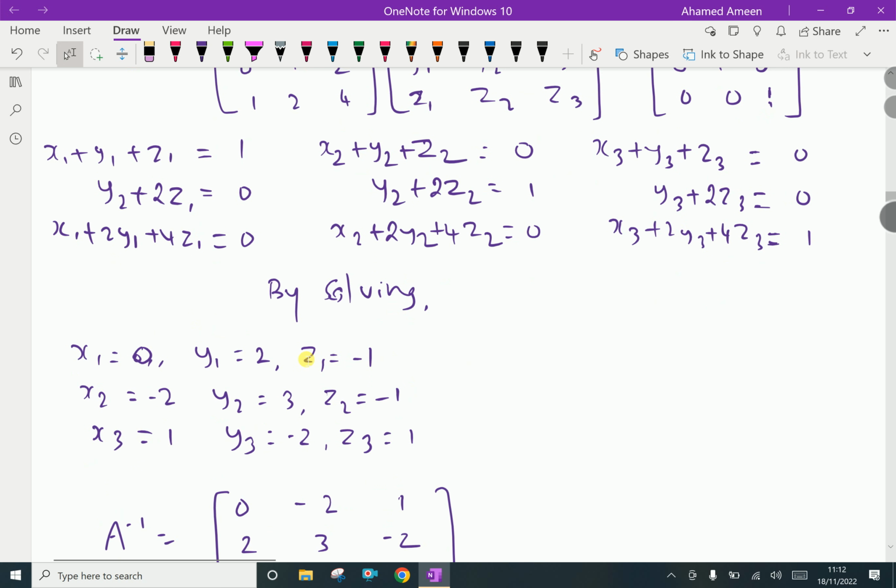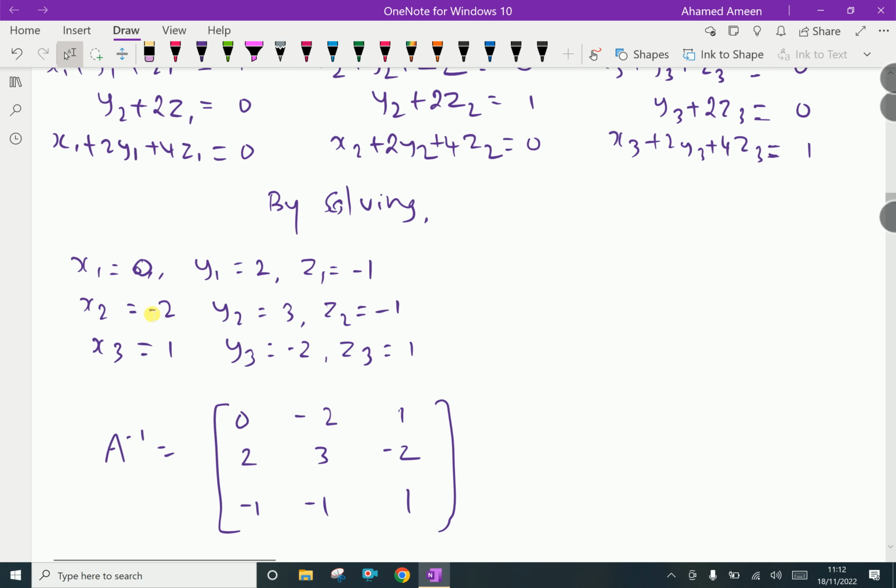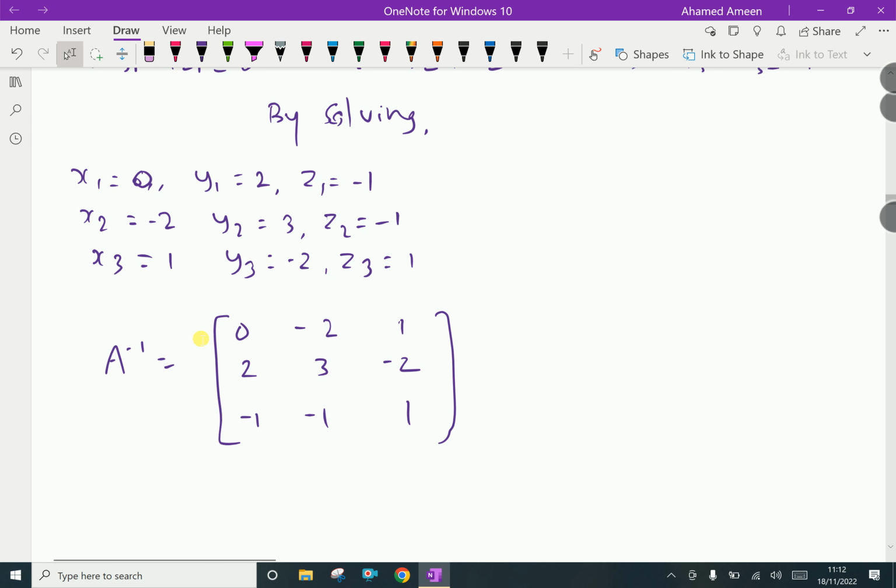Now we are getting 9 elements. Substitute these elements into A inverse, which is x1, x2, x3, y1, y2, y3, z1, z2, z3. Here A inverse equals 0, -2, 1, 2, 3, -2, -1, -1, 1. This is the A inverse.